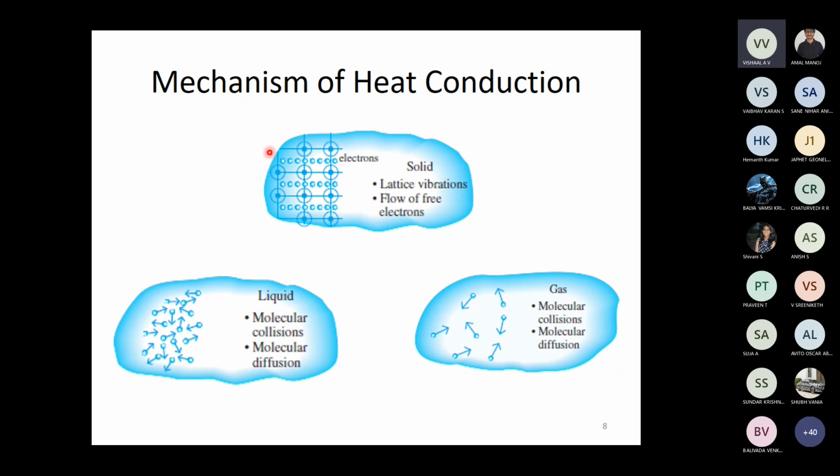So heat conduction is because of the lattice vibrations and also the flow of free electrons. These free electrons moving within the material are responsible for the conduction of heat. As they move, they carry heat from one location to another, usually from a location of higher temperature to a location of lower temperature.